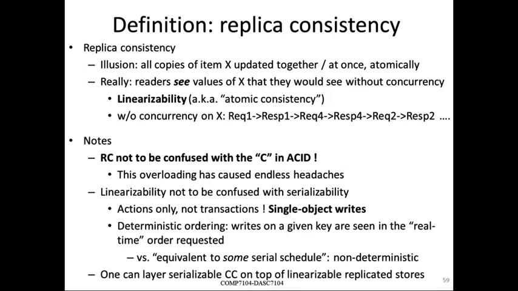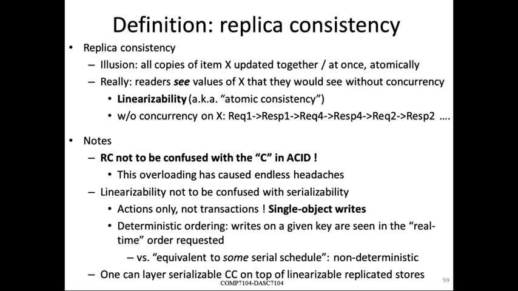Okay, so regarding linearizability and serializability, once again, you should remember that they are separate, independent concepts, both important properties about interleavings of operations in databases and distributed systems, but they should not be confused.